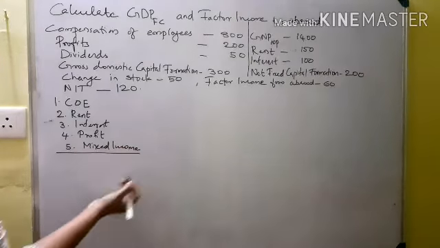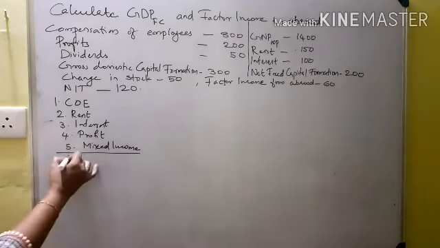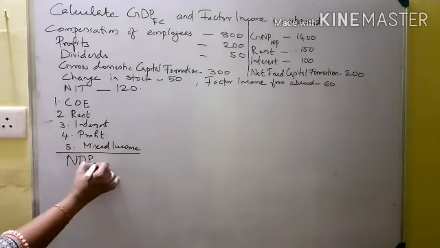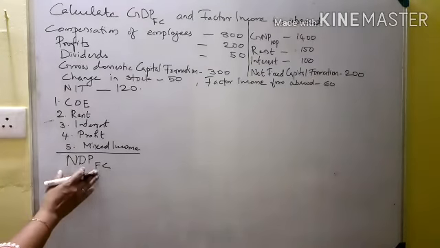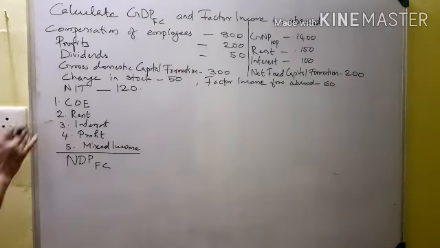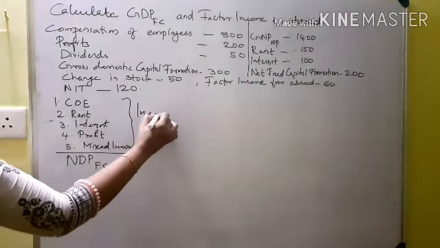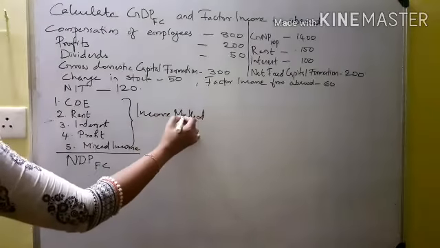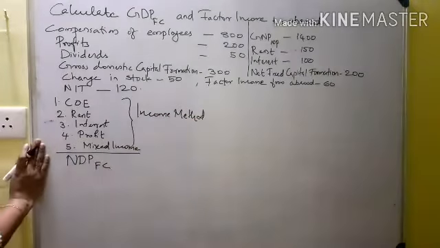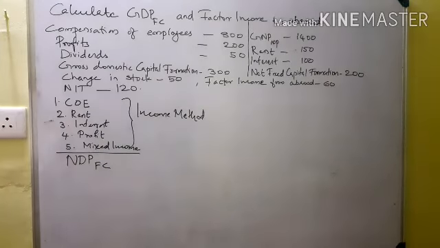These 5 components total is equal to NDP FC, net domestic product at factor cost.